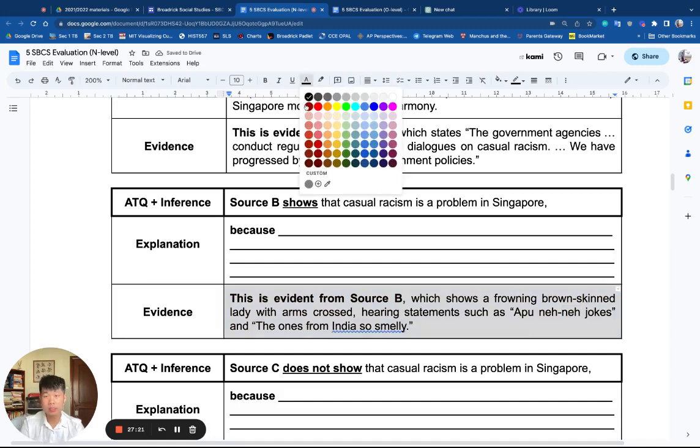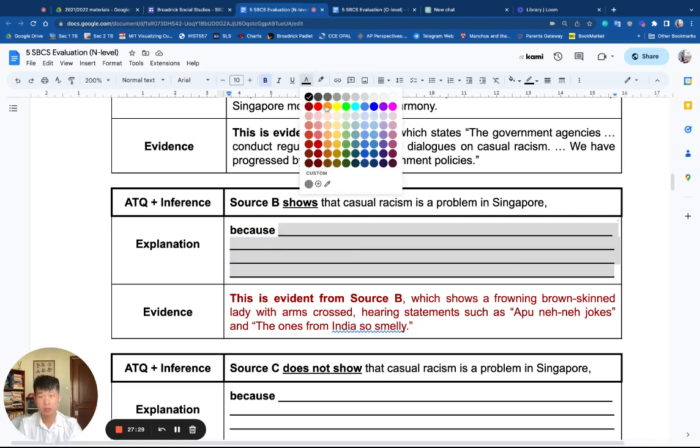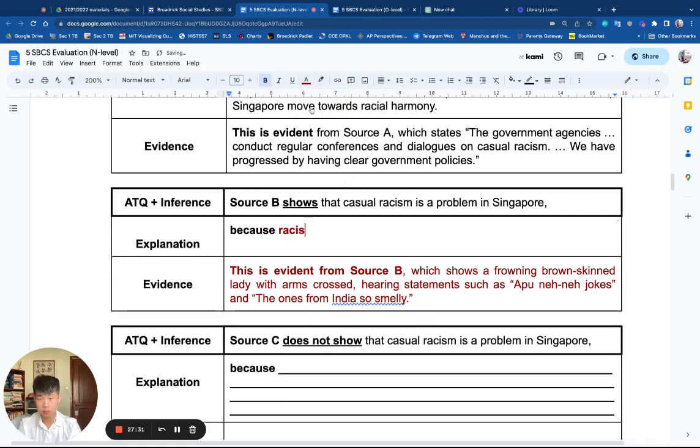From this evidence, I think it's quite clear that casual racism is a problem. It is a yes source because the racist remarks are made every day to minorities, which makes them feel upset, but also unable to respond.